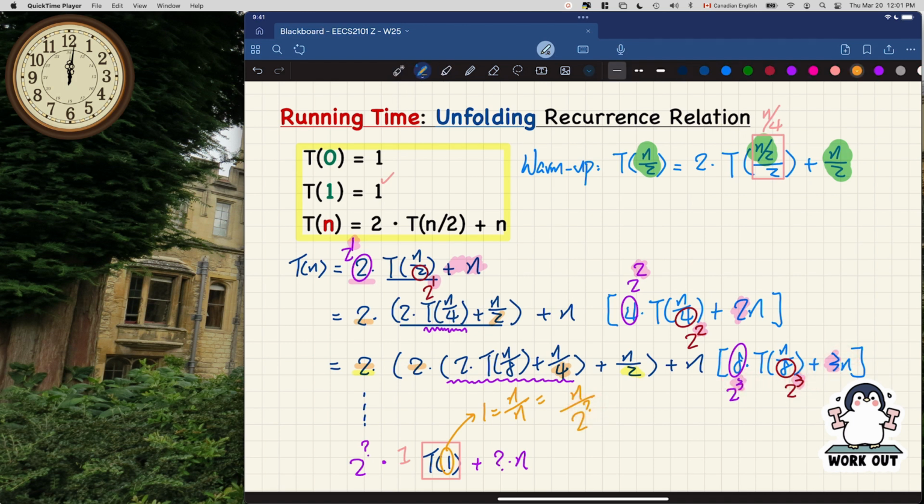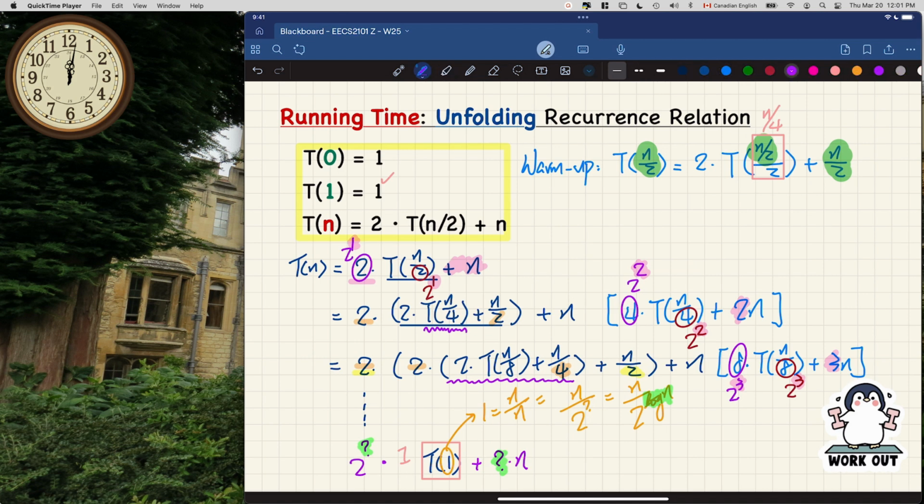So this will just be equal to n over 2 to the power of log n. All right. So now I can simply say log n. Log n over here is going to correspond to this guy here and this guy here. All right. Let's now do one more step.